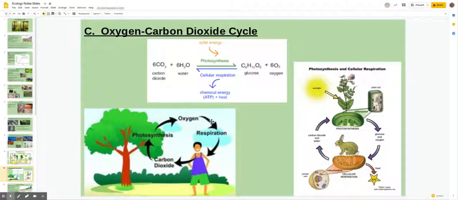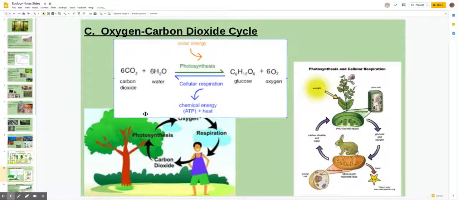And all of us aerobic organisms need the oxygen to be able to do cellular respiration. The action or chemical reaction, I should say, is outlined here. You've seen this before during the course of the school year. And they are essentially reverse reactions of each other so that it can become a cycle.